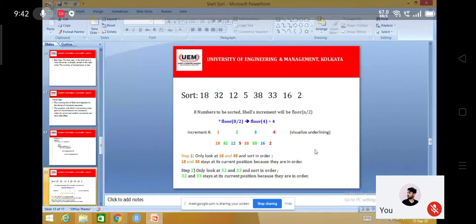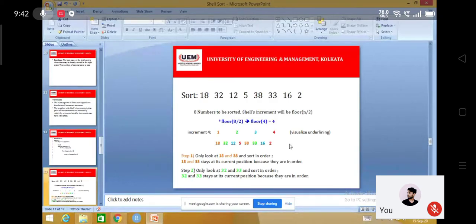Yes, 33 is there. Similarly, you will find for 12, you will find 16 there. If you add the 5, you will find 2 there. Okay. So I have used different colors to indicate that they belong to the same group. The 18 and 38 in the same group, 32 and 33 in the same group, 12 and 16 in the same group, 5 and 2 in the same group.